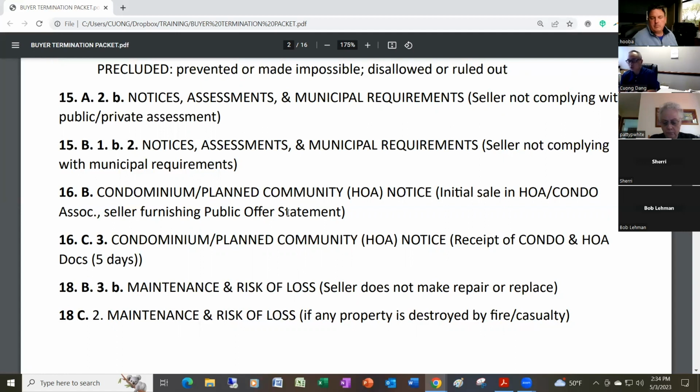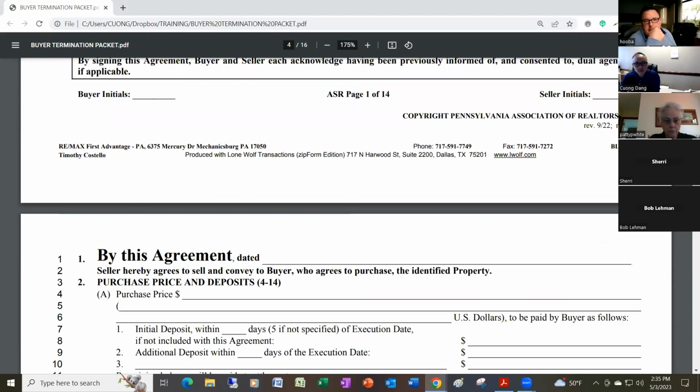Okay, so the initial sale, meaning your buyer is the first owner of the property. Okay, it's new construction. Or a new HOA or condo. Okay. 16C3 is receipt of condo and HOA docs, 5 days. I think we're all pretty much well aware of that rule, but where do you find it? It's right there. Okay, so let's go to 16B and 16C here.